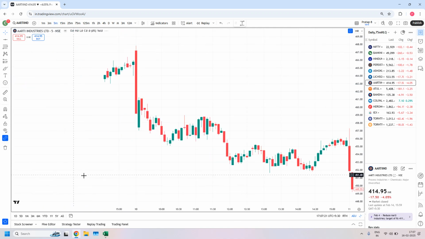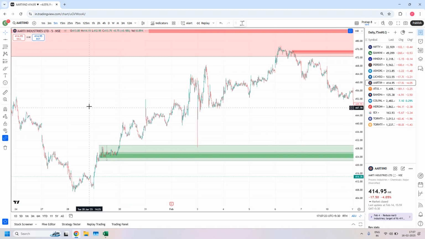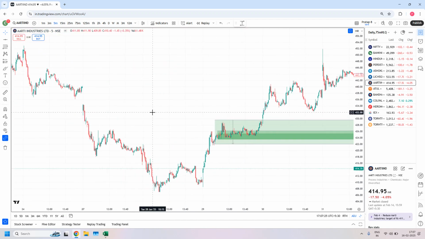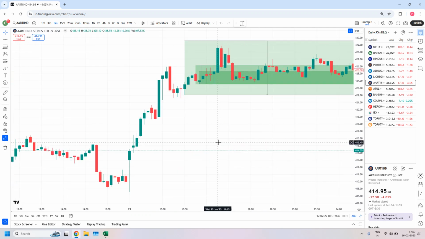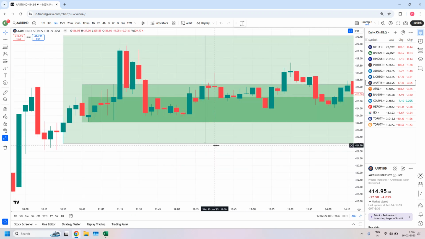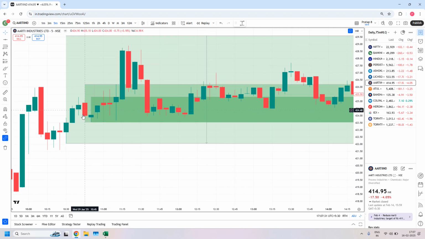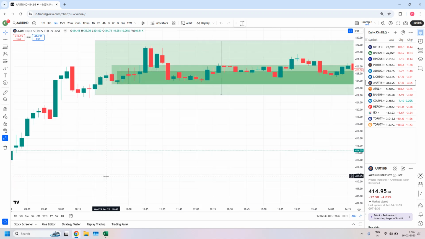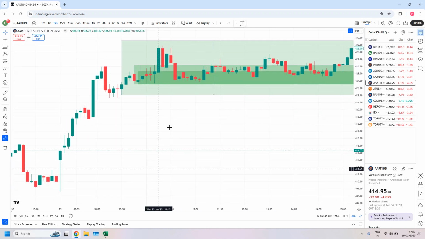Okay, go to the 5 minutes time frame. The 15-minute zone is a high liquidity zone. 5 minutes is also a high liquidity zone. We have a drop, base, 1, 2, 3, 4, 5 base candles and a rally candle.